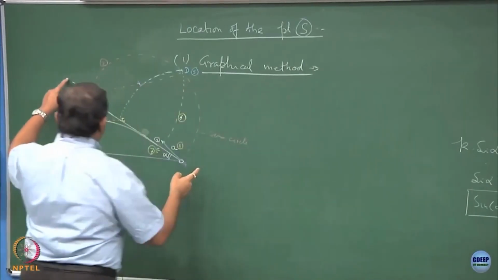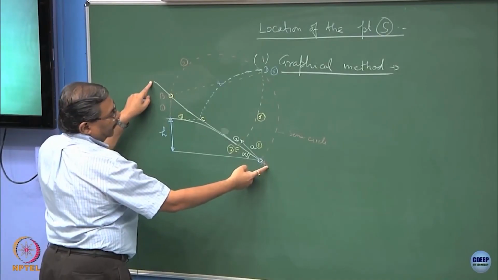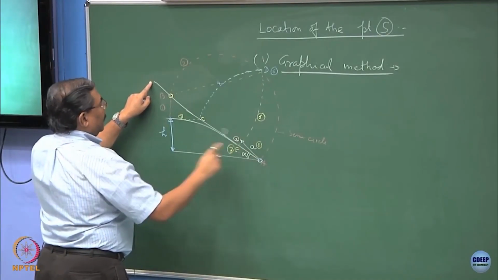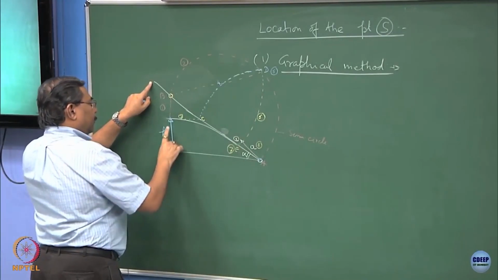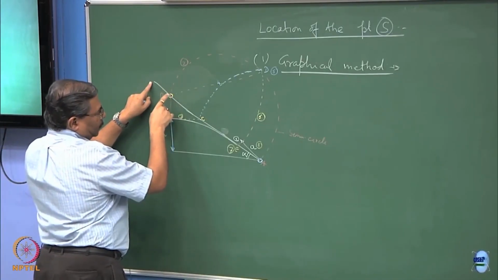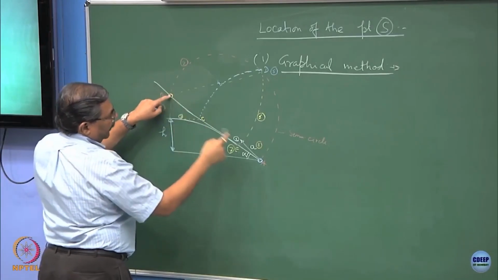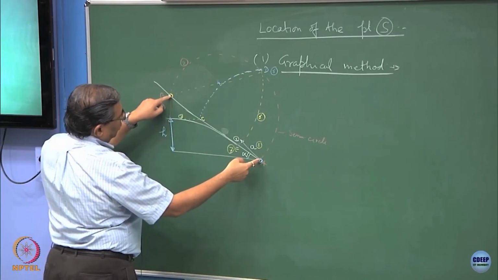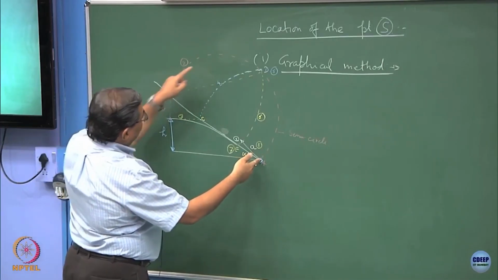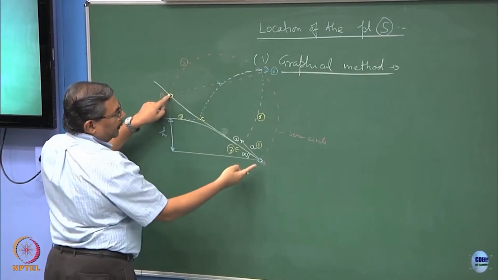So, take the downstream side of the dam, extend the height of the water column, let it cut the dam surface downstream, get the point B, take A as the center, this whole thing as the diameter, and then you complete the semicircle.